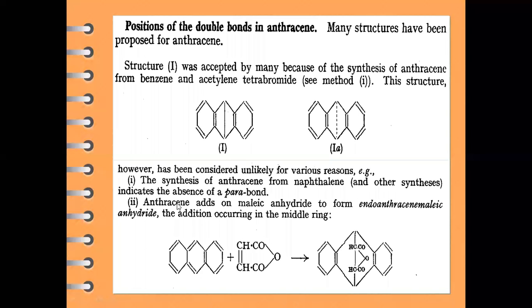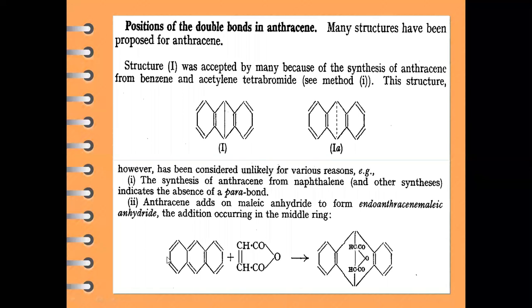Second reason for the confirmation of the structure of anthracene is that anthracene adds maleic anhydride to form endo-anthracene maleic anhydride. This addition occurs in the middle.